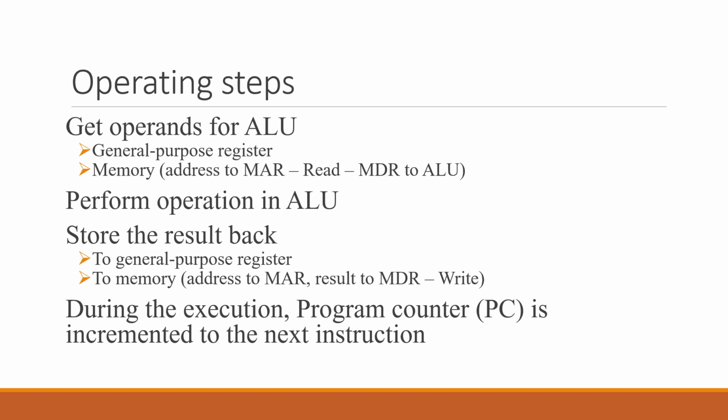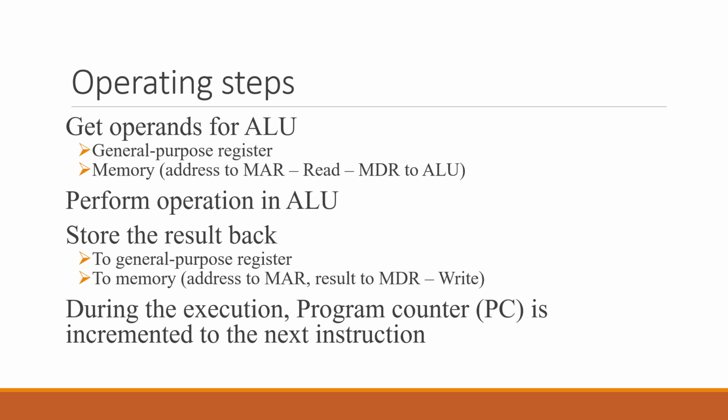Next, when the operand has been read from the memory into the MDR, it will be transferred from the MDR to the arithmetic logic unit. This may require repeated cycles, that is, one or two such cycles, after which the ALU can perform the desired operation.